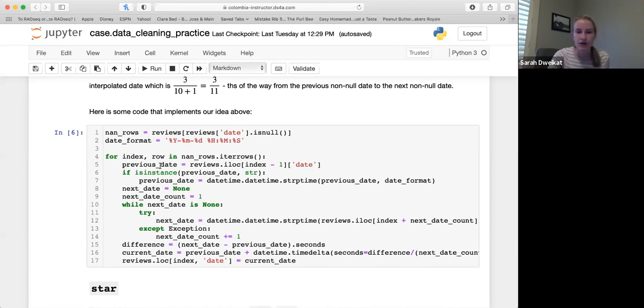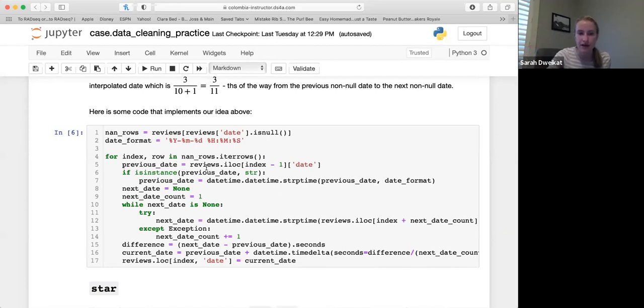In our for loop, we first need to define the previous date. If we have missing rows, we want to know what is the previous row that has actual data in it, that has that date.